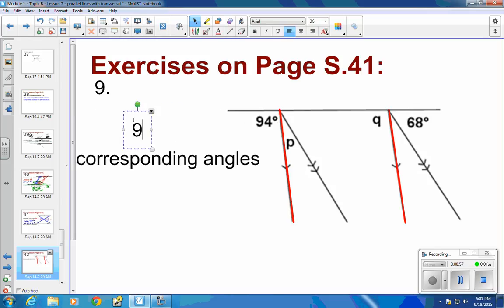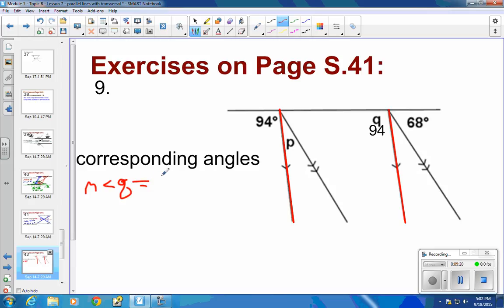If I take that 94, it's right here. So this 94, I can correspond right to there. So that corresponding angle goes right into where Q is. So the measure of angle Q has to be equal to 94 degrees because it is a corresponding angle.